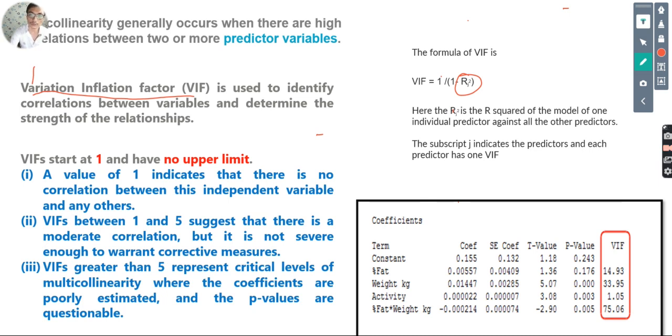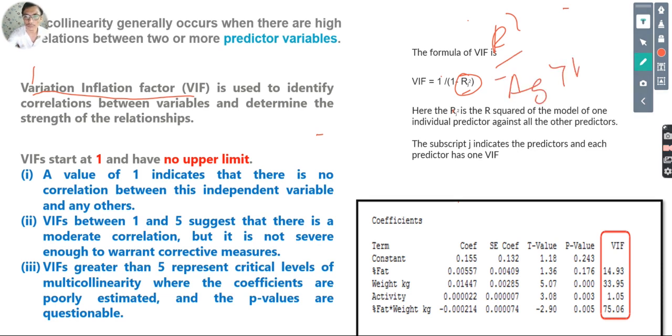So this is R square of Rj. Suppose there are variables you are taking, age and weight, and they are correlated, for example. So we need to compute the R square of age and weight.